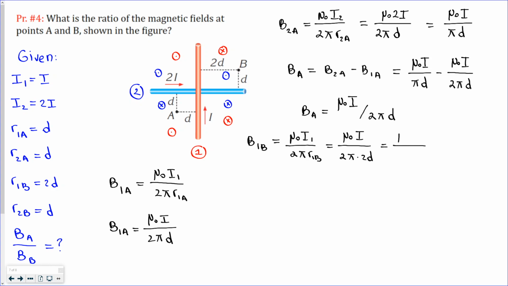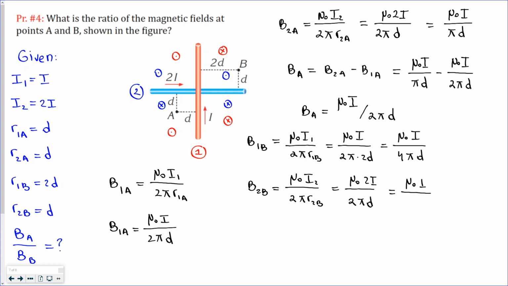Finally, it is mu 0 I over 4 pi D. This is the field from the first wire, and the field from the second wire is mu 0 I2 over 2 pi R2B, and it is mu 0 multiplied by 2I over 2 pi D. Again, the field at that point from the second wire will be mu 0 I over pi D. The 2 from the numerator and denominator are cancelled.